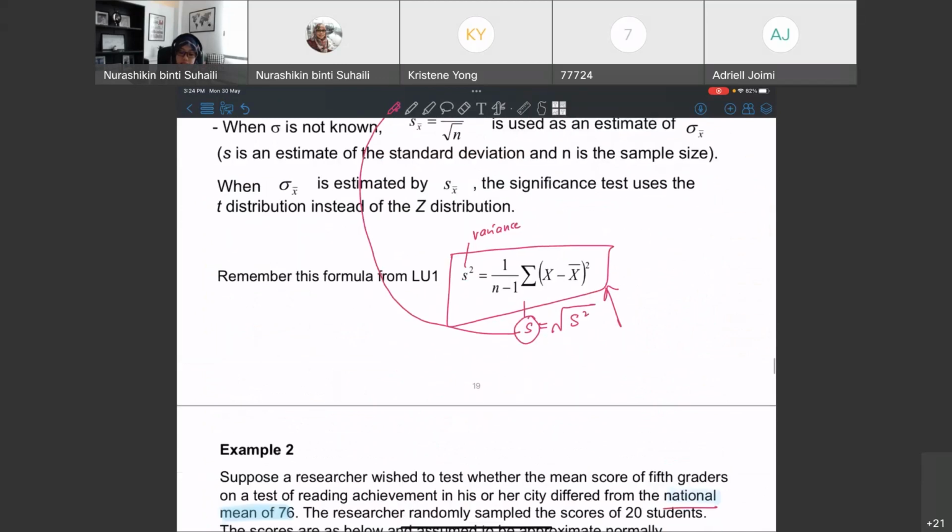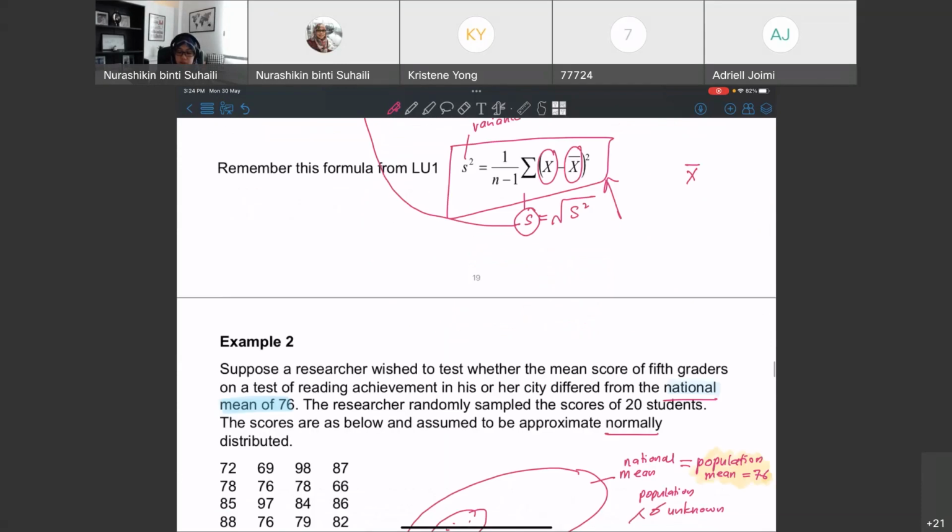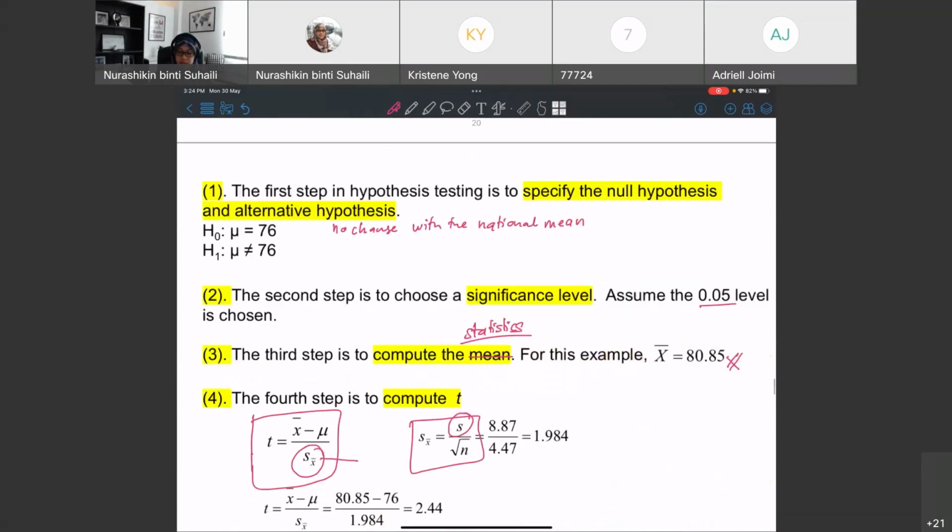For this problem, the n is 20, remember? So that's fine. But what do these two mean? You have calculated the x bar just now, right? For this problem, x bar is 80.85.